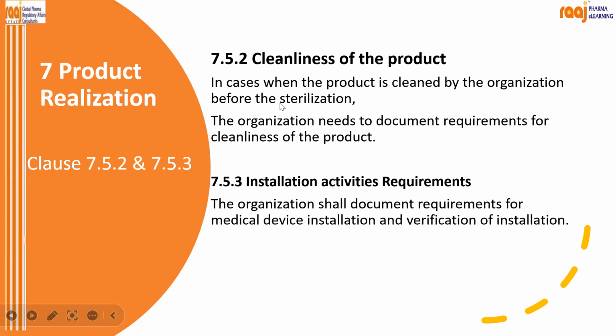Then cleanliness of the product. In cases when the product is cleaned by the organization before sterilization, the organization needs to document requirements for cleanliness of the product. Installation activities: the organization shall document requirements for medical device installation and verification of installation.